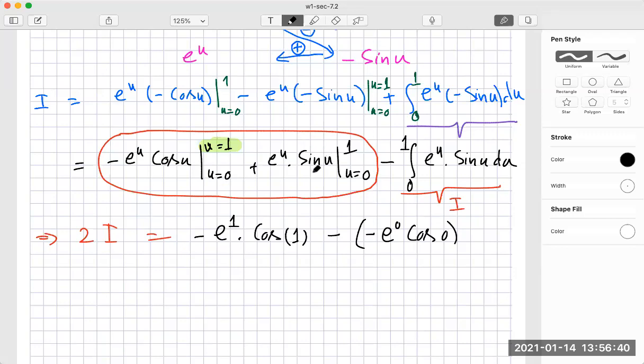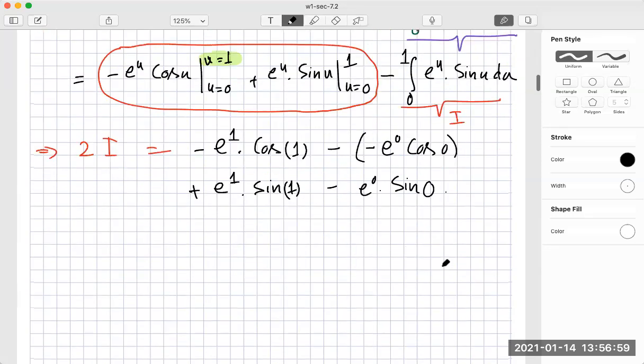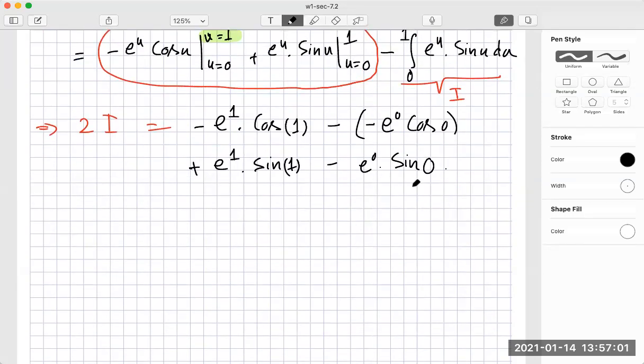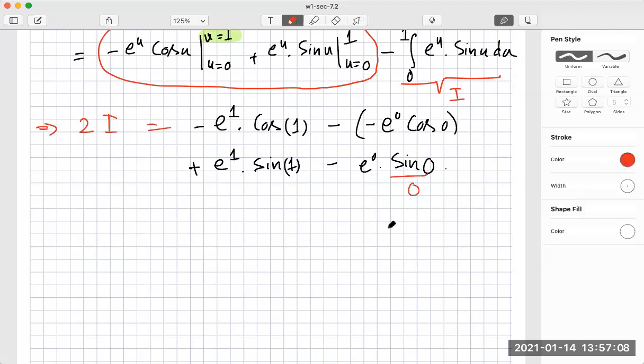And here, this guy, what is it? Very good. And very good. What is the value of sine 0? Yeah, so this guy disappeared. It is simply 0.